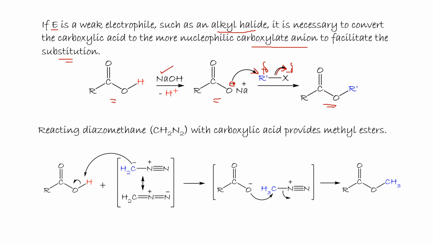Reacting diazomethane also with carboxylic acid provides a methyl ester. First, this hydrogen, the acidic hydrogen, will react with CH2 minus to form CH3 N2 plus and carboxylate.